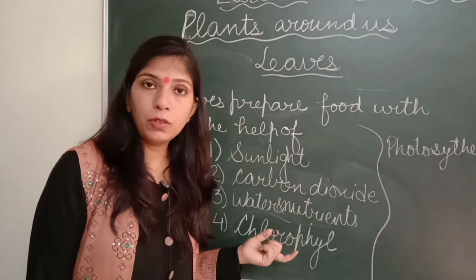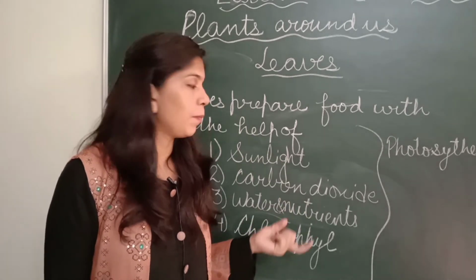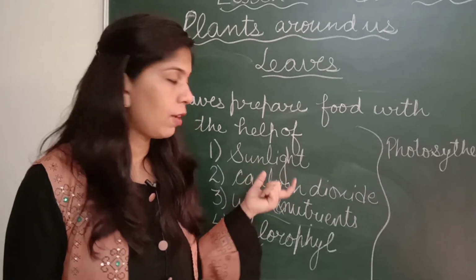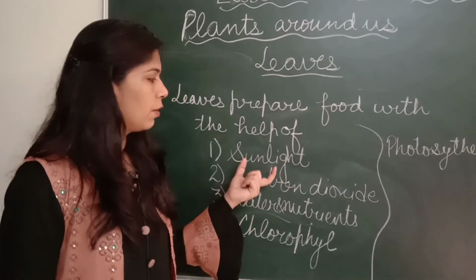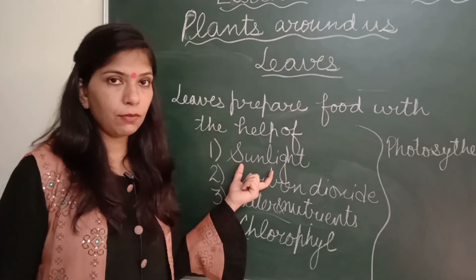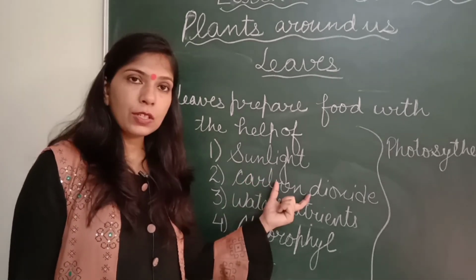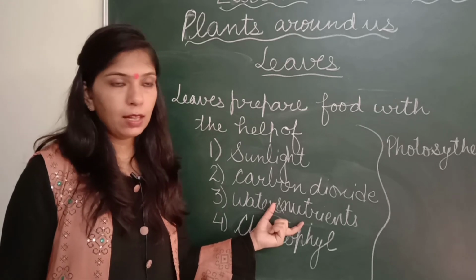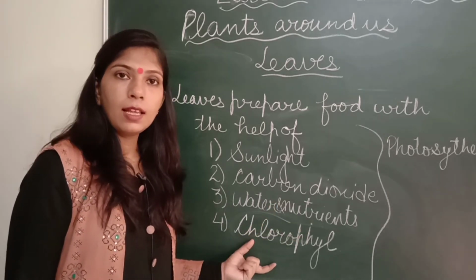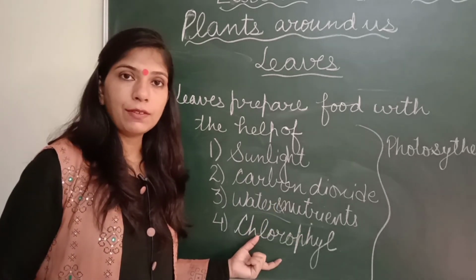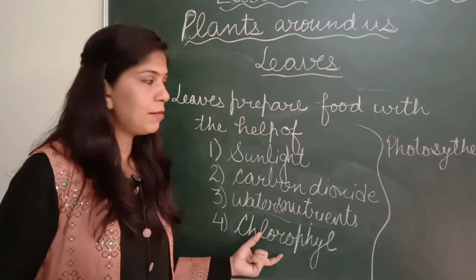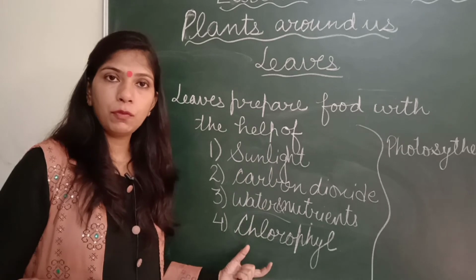Once again, leaves of different plants have different shapes, sizes, textures and smells, and they prepare food in them. That's why we call them the kitchen of the plant, right? They prepare their food with the help of sunlight from the sun, carbon dioxide from the air, water and nutrients from the soil, and chlorophyll, a green pigment present in the leaves that helps in preparing food.